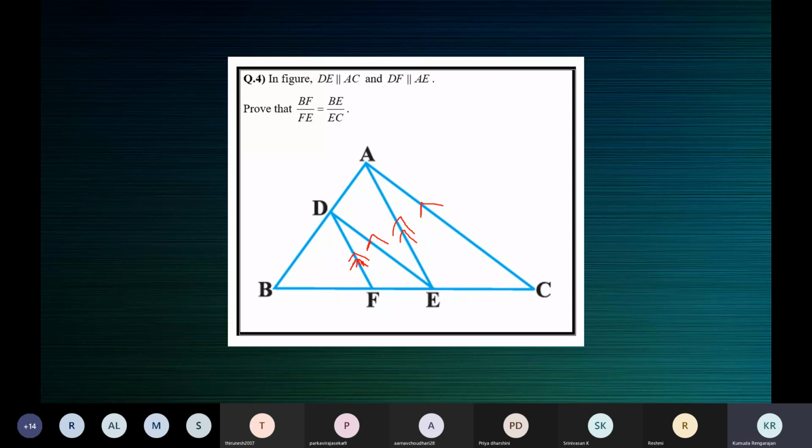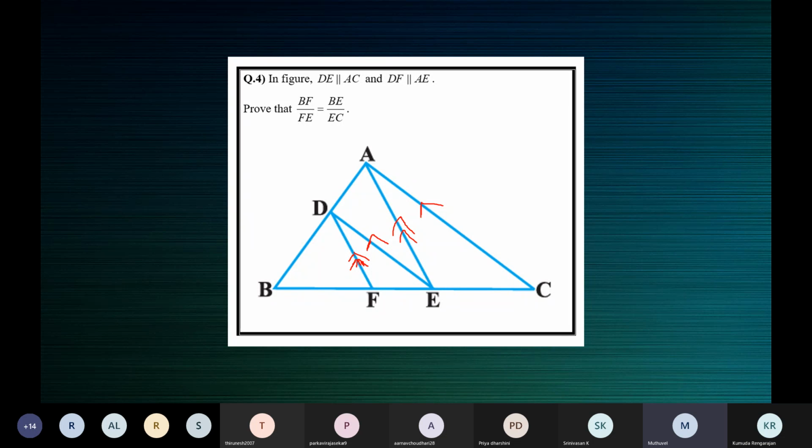Yes, ma'am. Can you read the proof from your book? Which triangle have you taken up first? In triangle ABC, ma'am. Okay. In triangle ABC, which line is parallel to one side of the triangle?